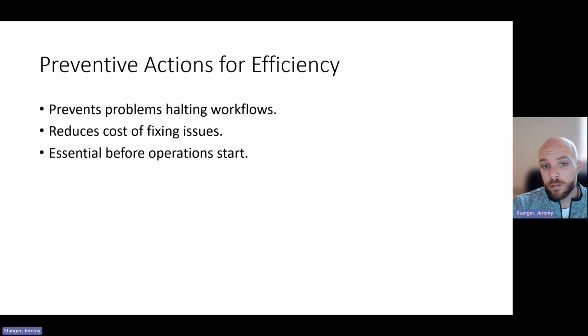Reduce costs of fixing issues. This is essential before operations start. So we think about it up front, and we prepare. Even from a safety aspect, it's easier than if we have a catastrophic issue or an incident where we've damaged something and have to fix and repair things when we could have prevented that incident from occurring at the front, with maybe training, maybe engineering, maybe different tools, maybe a different way we lift something up, right?